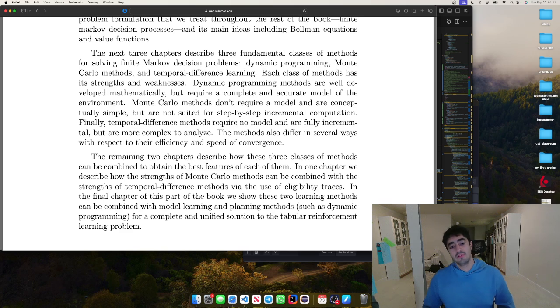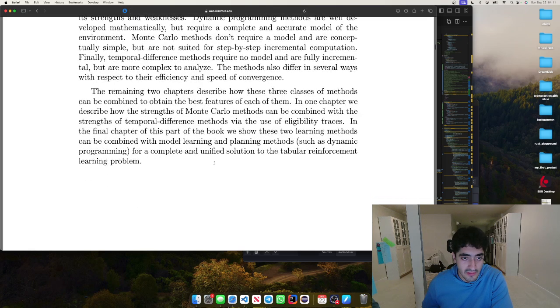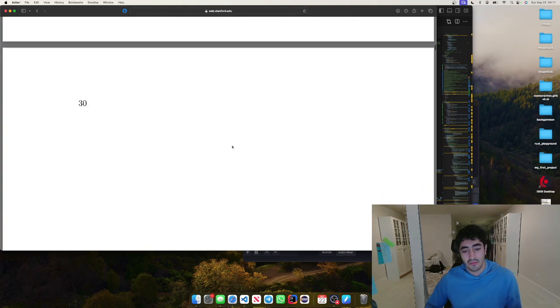In one chapter, we describe how the strengths of Monte Carlo methods can be combined with the strengths of temporal difference methods via the use of eligibility traces. In the final chapter of this part of the book, we show how these two learning methods can be combined with model learning and planning methods, such as dynamic programming, for a complete and unified solution to the tabular reinforcement learning problem.